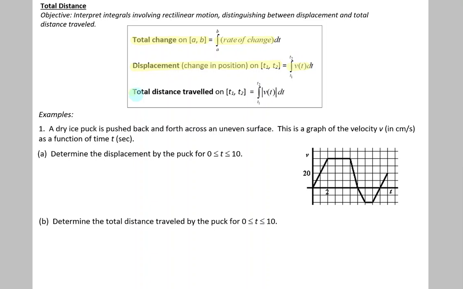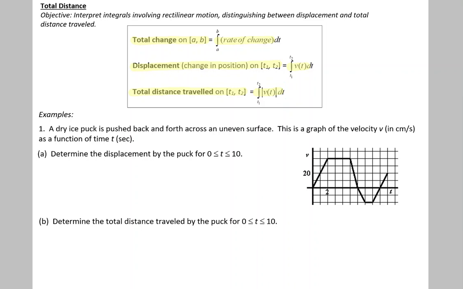If we want the total distance traveled over a time interval, time 1 to time 2, that would have to be the definite integral from time 1 to time 2 of the absolute value of the velocity function, because we don't want to just know the change in position where we subtract any backwards movement or any decrease in position. We want to add up all of the changes in position, whether it's an increase or a decrease.